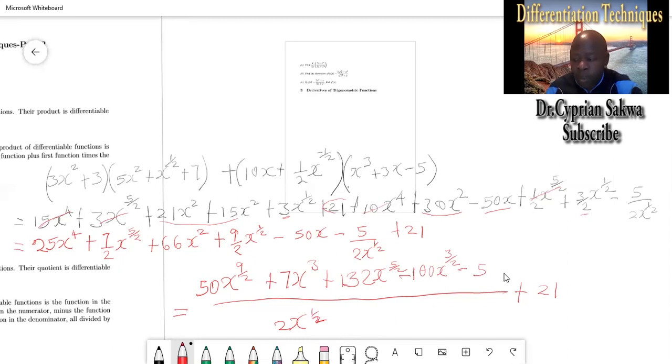It has no denominator below it. So if I want it to be above here, then it must be 42 x raised to a half, if it were to be here.